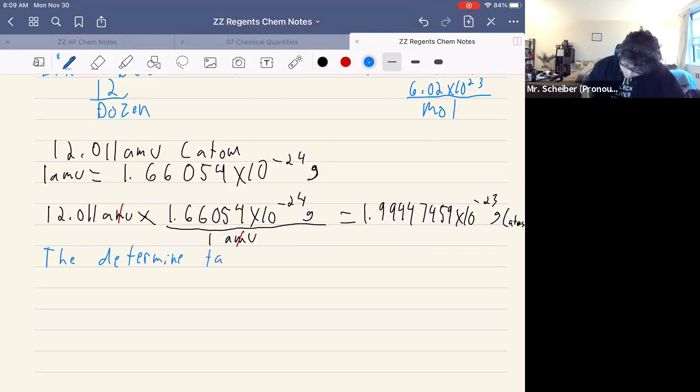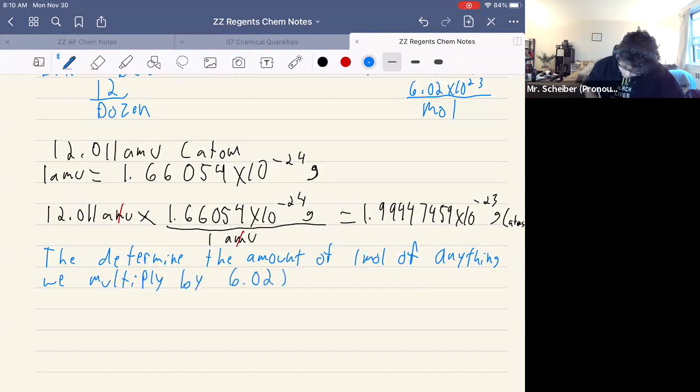To determine the amount of 1 mole of anything, we multiply by 6.022. Oh, I'm sorry. Too many sig figs. 6.02 times 10 to the 23rd. Just like if we wanted to figure out a dozen, we multiply by 12.